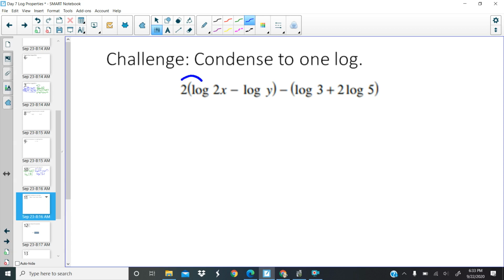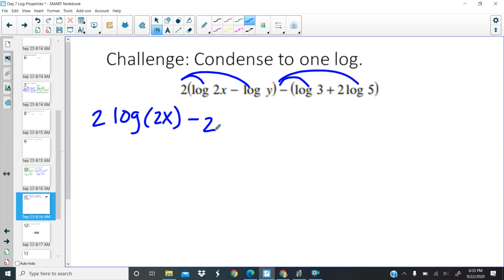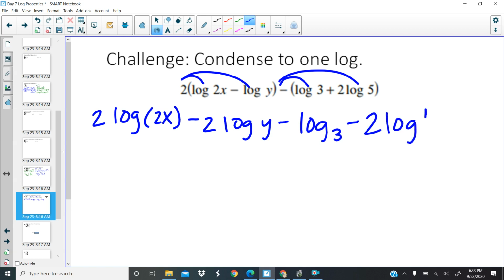So the first thing I'm going to do is distribute my 2 into both of those logarithms and distribute my negative into both of those. So I would have 2 log of 2x minus 2 log y minus log 3 minus 2 log 5.